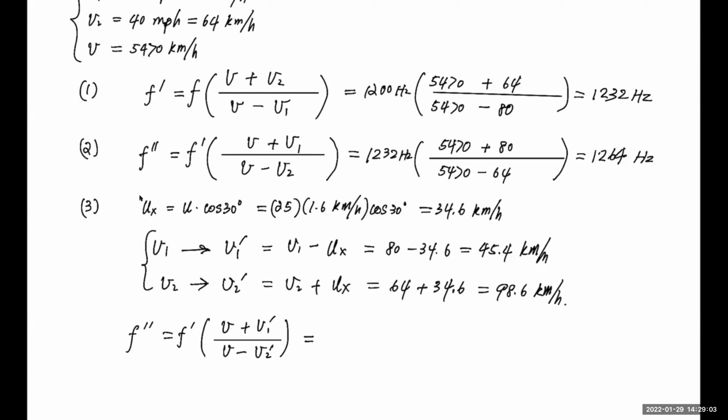Right? And F prime itself, looking at part 1, F prime itself is F times V plus V2 prime, not V2 this time, divided by V minus V1 prime instead of V1.